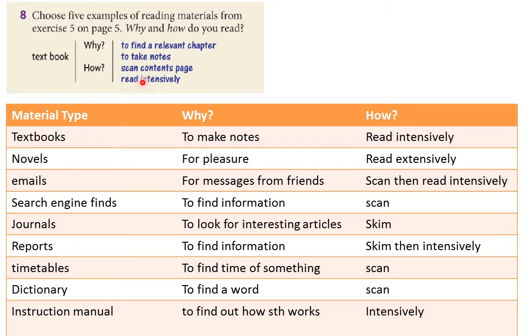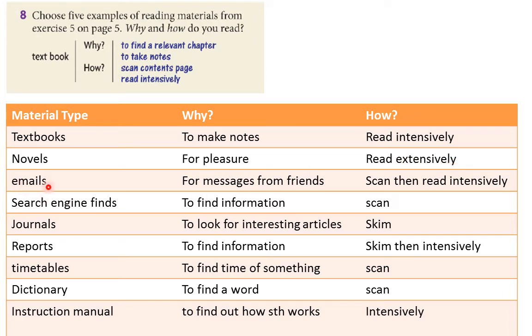As we said before, in order to take notes, we need to read intensively. Novels are very long stories. Usually, we read novels for pleasure, for enjoyment. Then the method of reading is reading extensively.